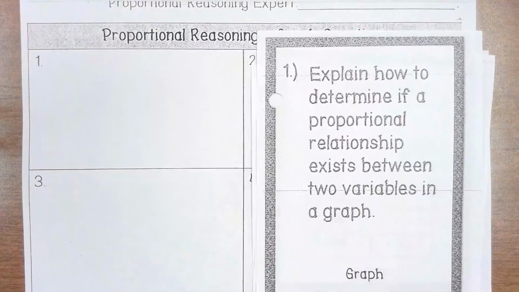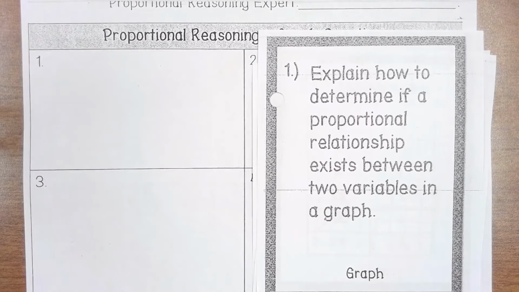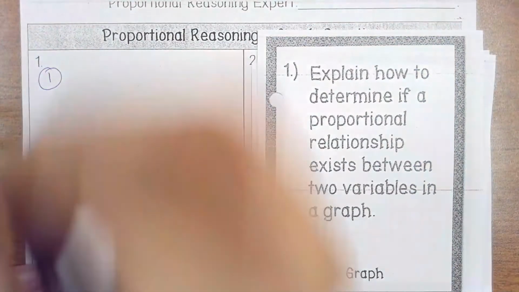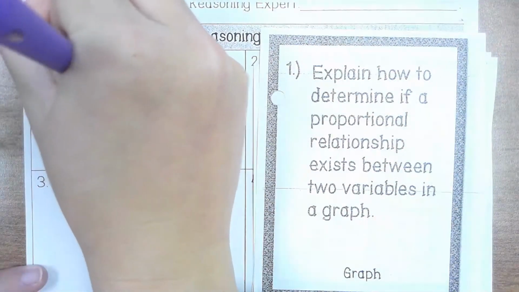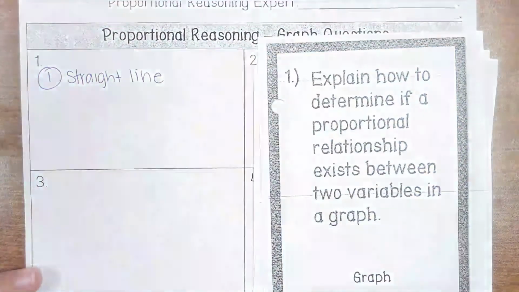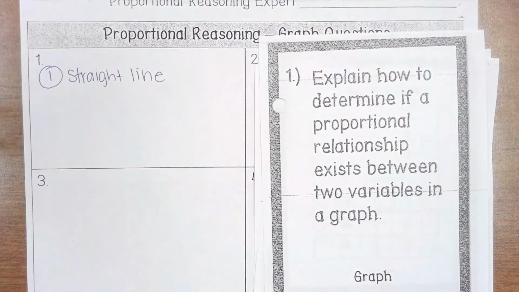The first one says, explain how to determine if a proportional relationship exists between two variables in a graph. So what were the two requirements that we talked about in class that makes a graph proportional? Well, one of them was it had to be a straight line, which means that it had a constant rate of change.